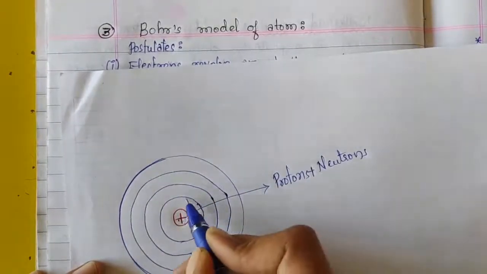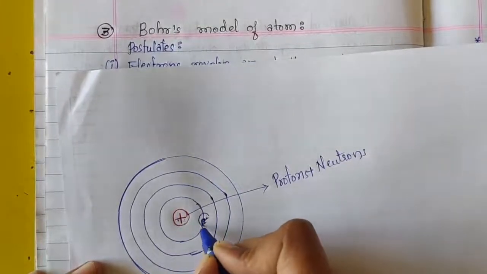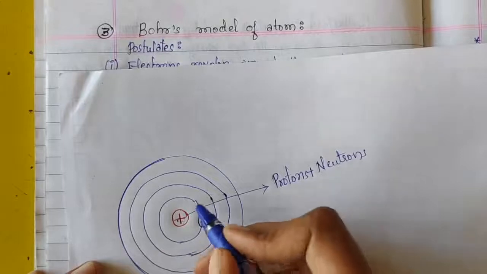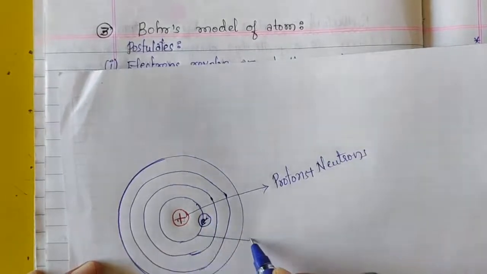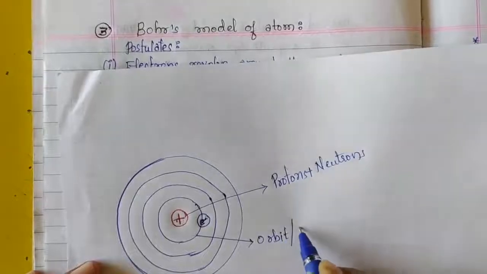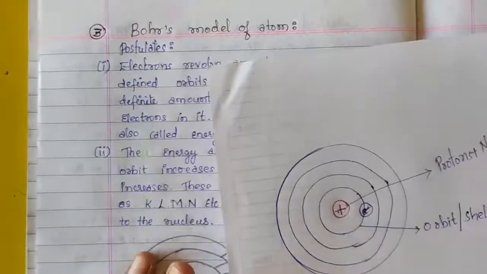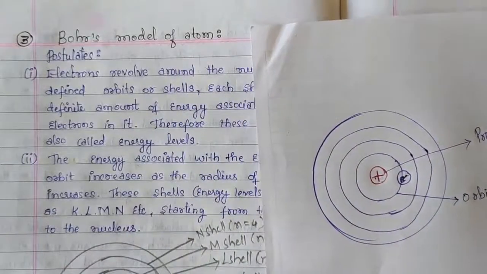See here, this is a circular path in which the electron is revolving, and this path is known as orbit or shell.